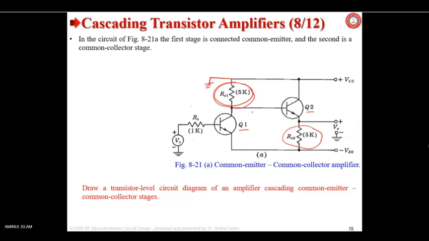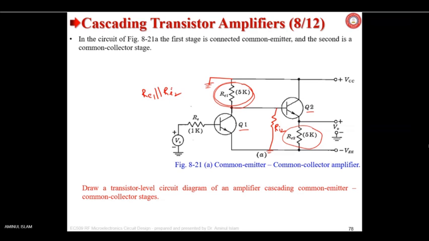And you have an input resistance here, let me say RI2, with respect to ground. Is it not that the load for this transistor Q1 is the parallel combination of RC1 parallel RI2?